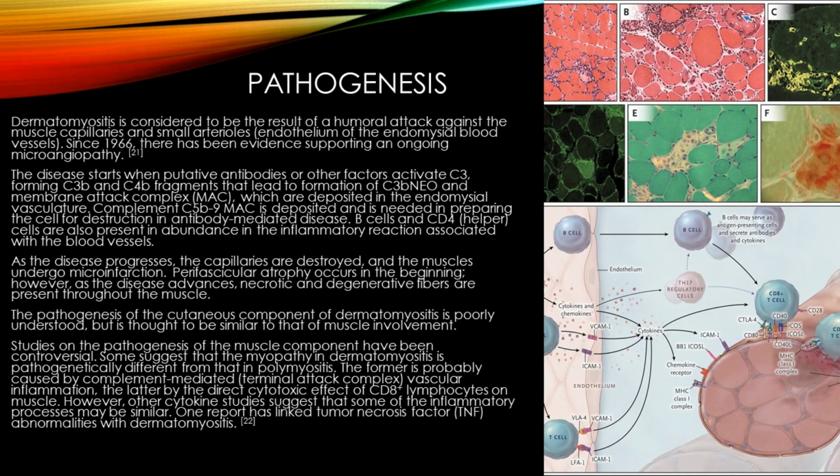B cells and CD4 helper cells are also present in abundance in the inflammatory reaction associated with the blood vessels. When we talk about polymyositis, we have CD8 cells, not CD4 cells. And also I've said that we don't have vasculopathy, and that's why we don't have the skin lesions.